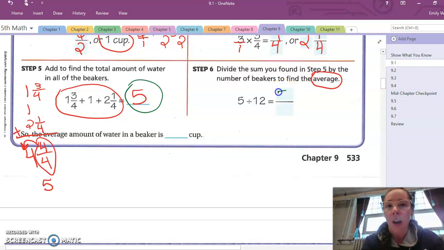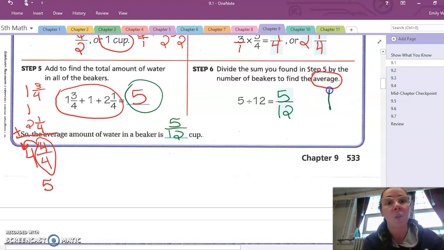So I could put 5 over 12 and have 5/12. Now I have to think about that. Is that in simplest form? Is there anything that goes into 5 and 12? I can't think of anything. So the average amount of water in a beaker is 5/12 of a cup.